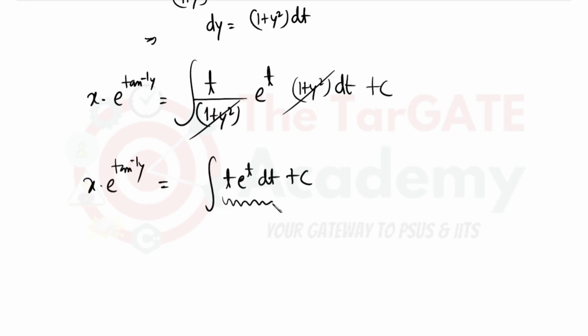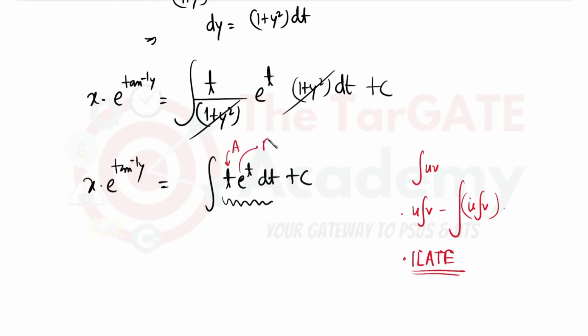Now this, how will you solve this all of you? Have you heard integration of two functions u v? So u integration v minus differentiation of u integration of v whole integration, something, देखा है ना। इसको फॉलो करने के लिए हम लोगों को कॉलेज में 12th में पढ़ाया गया होगा, the order is inverse, logarithmic, algebraic, trigonometric, exponential. तो यहाँ दो फंक्शन हैं, one thing is called algebraic and the other is exponential.